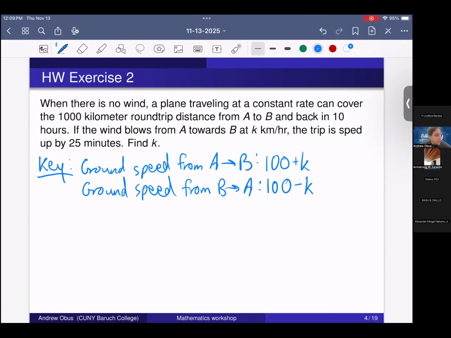Exactly. The reason we know this is that if there's no wind, it does 1,000 kilometers in 10 hours. So the ground speed has to be 100 kilometers per hour if there's no wind. So it will get sped up or slowed down, depending on which way it's going.